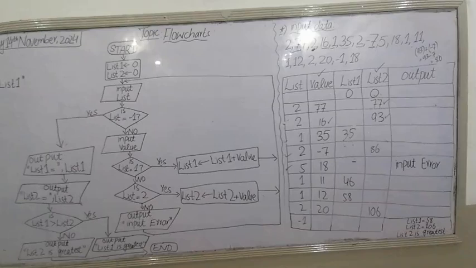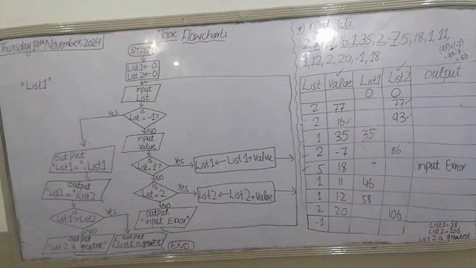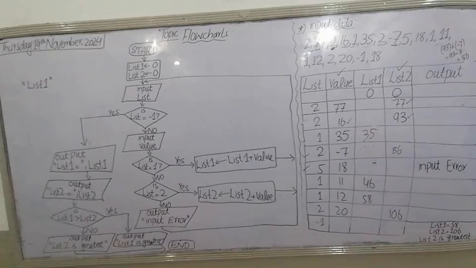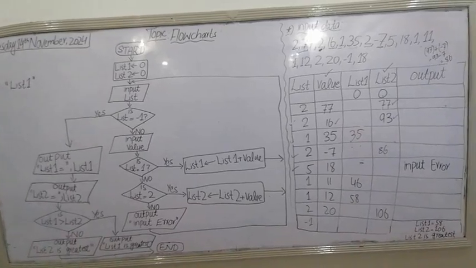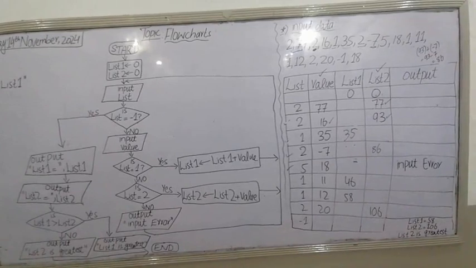So it means list1 is not greater than list2. So we will move towards the no side, and in the no side you can see we have to show the message that is saying list2 is greatest. Okay, so after this last message the flow will go towards end, and our algorithm will be ended.